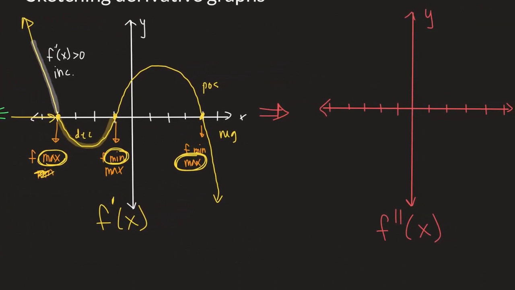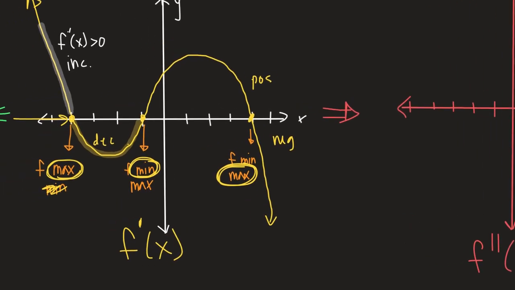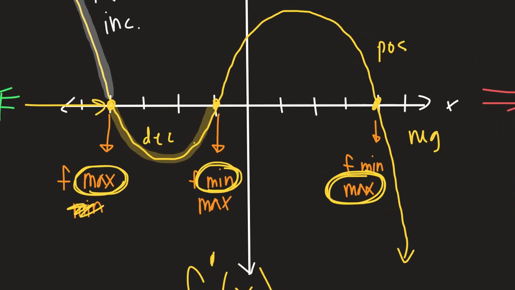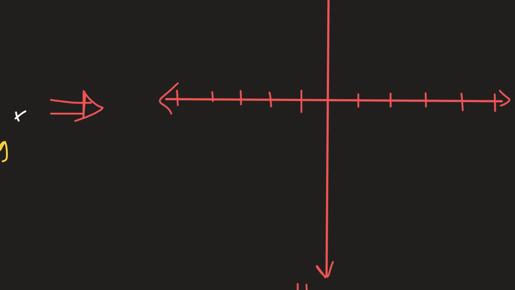So let's see if we go the opposite way. What can we decide about our second derivative from your first derivative? Well, first of all, we know where the zeros are. Wherever the minimum value is on your first derivative graph, let's call that about -2.5, that means over here on our second derivative graph, we're going to have an x-intercept at -2.5.